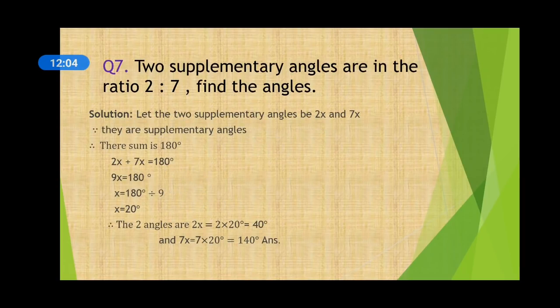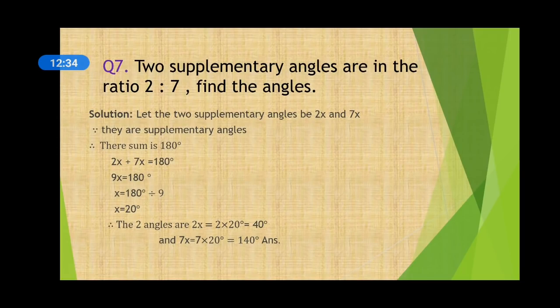Read question number 7 carefully. Two supplementary angles are in the ratio 2:7. Find the angles. So let the two angles be 2x and 7x. We attach a variable to both the numbers of the ratio. Now their sum is 180 degrees. So 2x plus 7x equal to 180 degree. So 9x equal to 180.